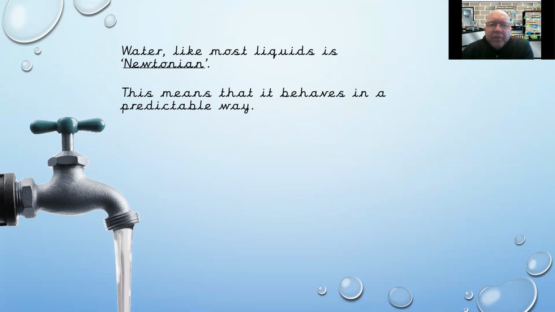Now, that's based on the famous scientist called Isaac Newton, who discovered gravity. Okay, so Newtonian liquids behave in a predictable way. They behave in the way we would expect them to behave, based on whatever forces, whatever heat, whatever we're doing to them. So how they behave is expected.